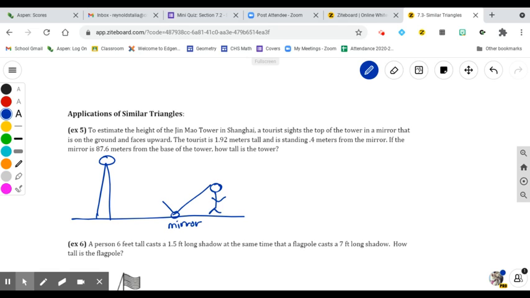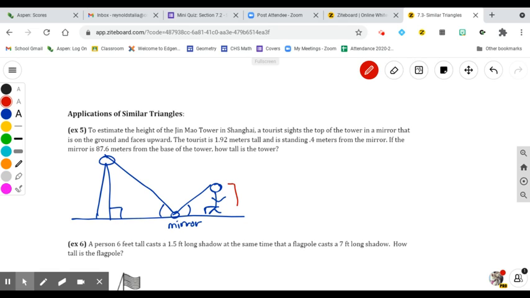It's called the law of reflection. The light bounces off the mirror and you can see the top of the tower. So it creates congruent angles. These are congruent, these are congruent. So the triangles are similar by angle. So you use that and the given information to figure out what piece is missing.